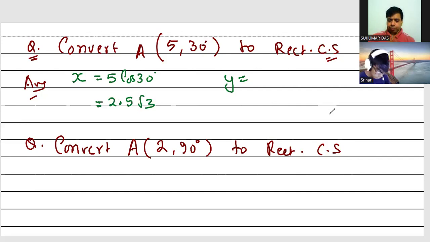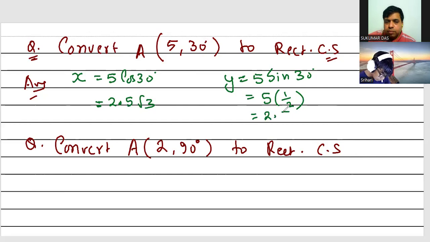What about y? y is equal to r sine theta, so that's 5 sine 30, which is 5 times 1/2. So that is just 2.5. Perfect. So our coordinates are (2.5√3, 2.5).